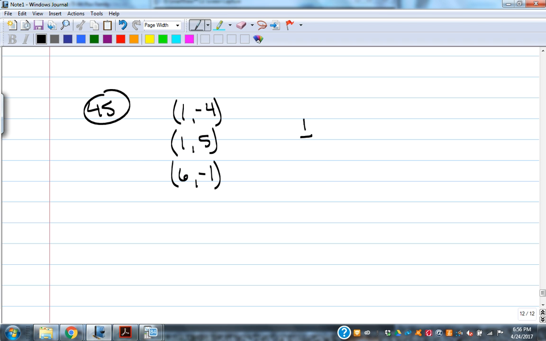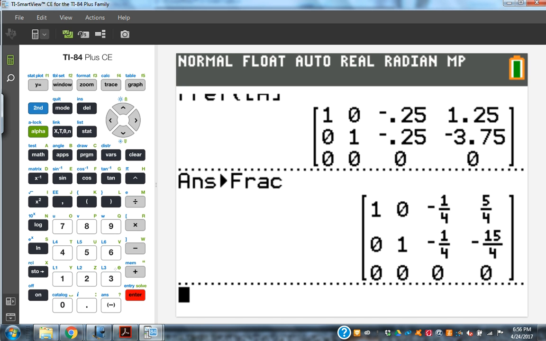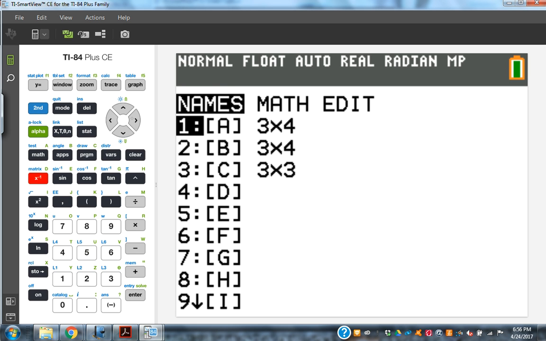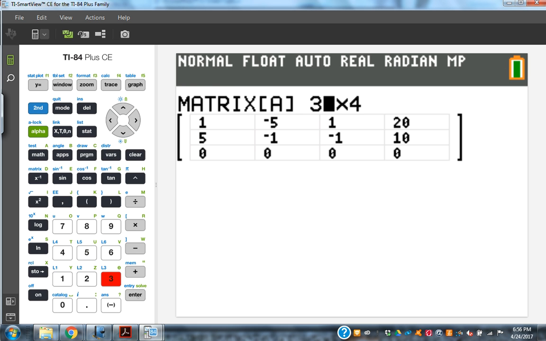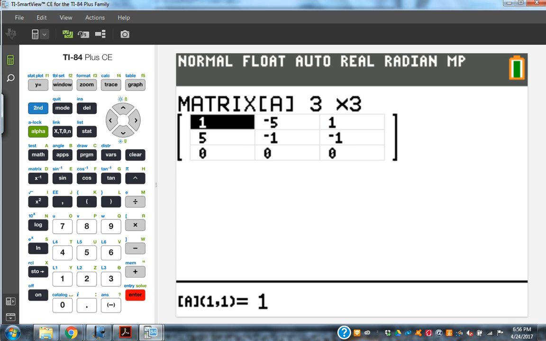So we're going to take 1/2 times the determinant of 1, -4, and that third column is all ones every time. And that's a 3x3 matrix. And I'm going to find the determinant of that. Use my calculator. So, second matrix, edit. I need a 3x3 that matches those.